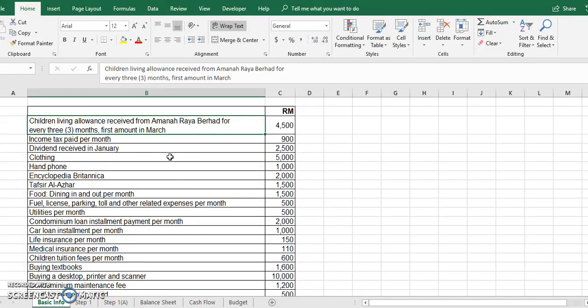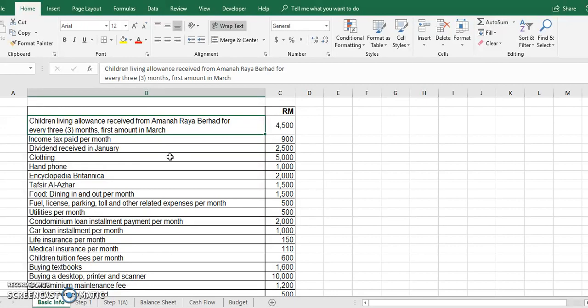When we talk about a company, I believe that you are very much familiar with current asset and then non-current asset, whereas on the liability side we know about current liability and long-term liability. Obviously we have equity then.